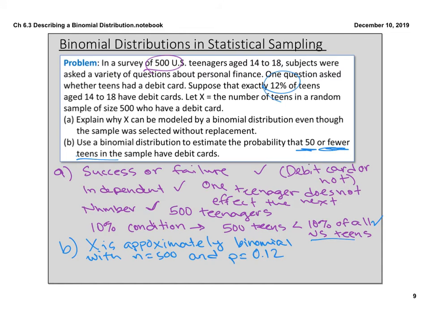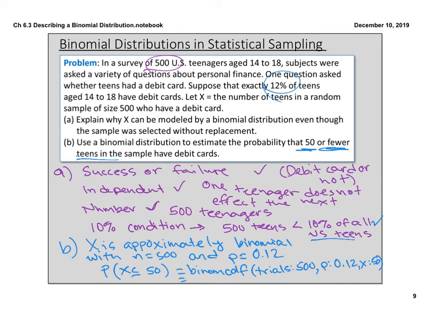So the probability of X being less than or equal to 50 is going to equal binomcdf of trials being 500, probability being 0.12, and X being 50. I always run out of room, you guys. Sorry.